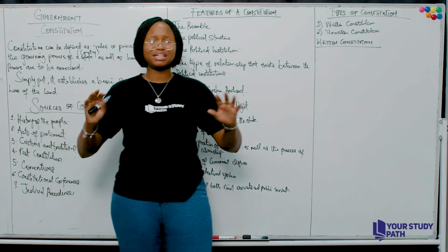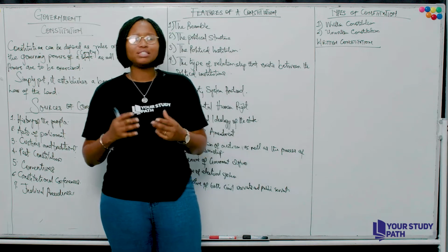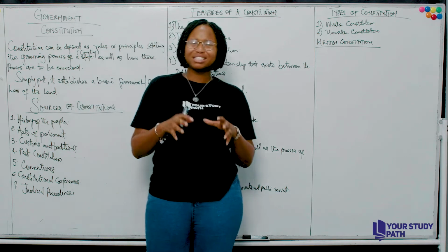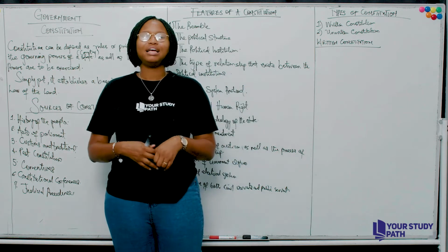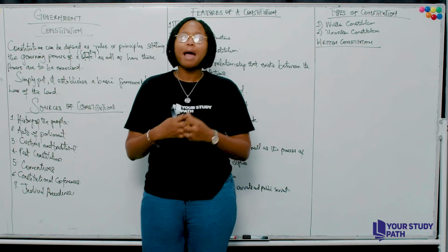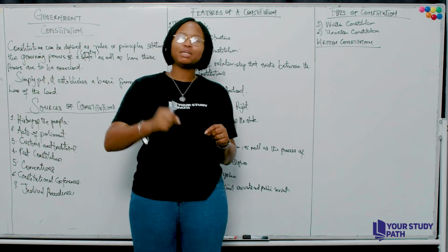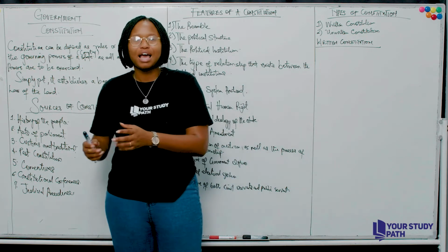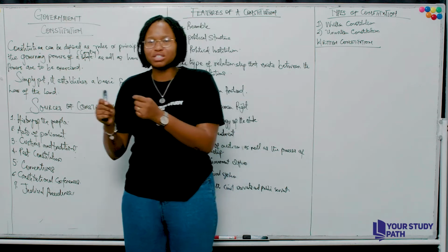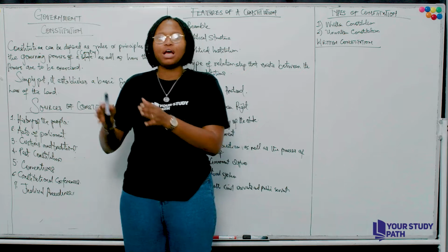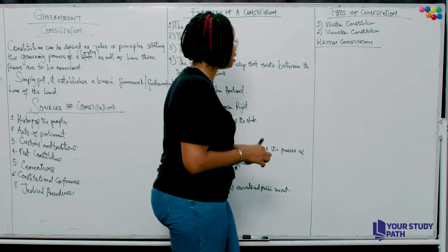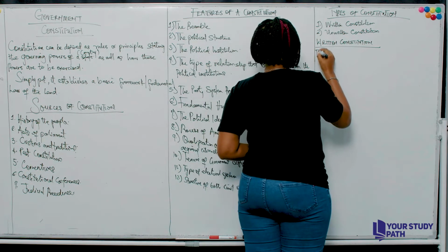How do I simplify that into a simple sentence? We are simply saying that a written constitution is the set of rules embodied in a document in which the fundamental principles of the state as well as the powers of their various agencies are written down and codified.